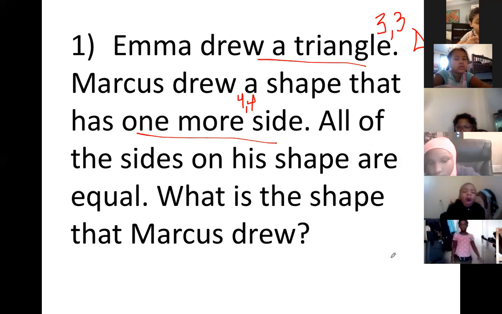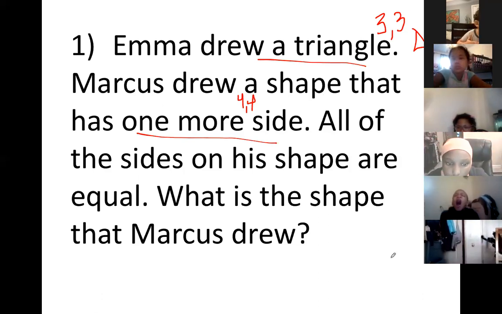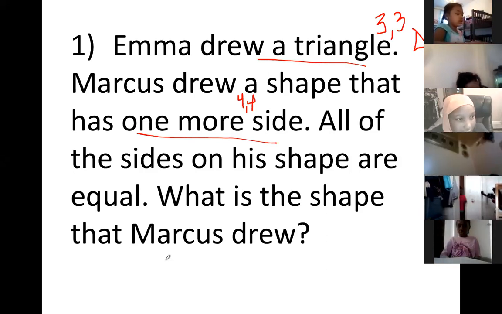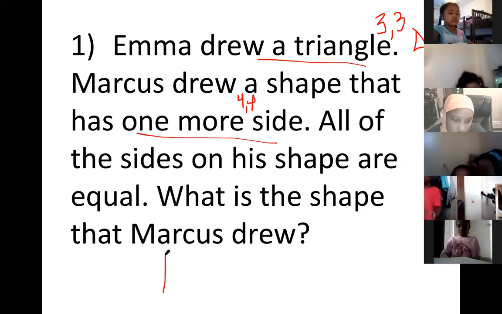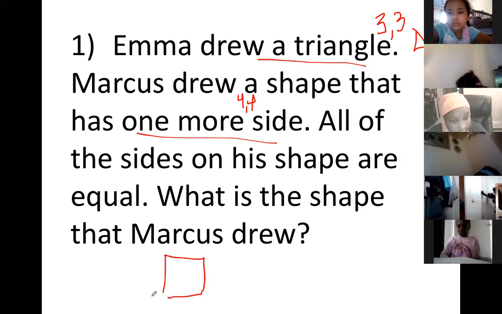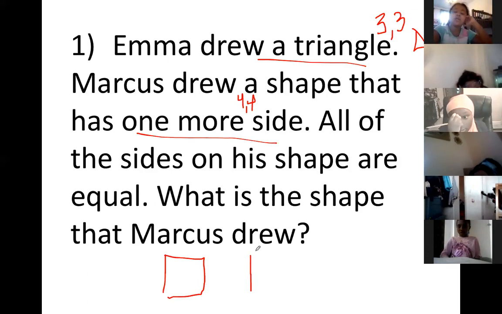Naima, what shape do you think Marcus drew? I think Marcus drew a square. Why is it a square, Naima? Because a square has 4 sides, also a rectangle or a trapezoid.